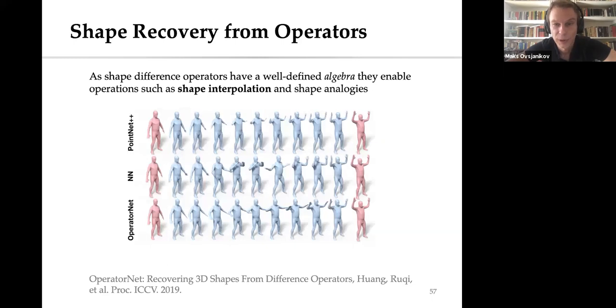Now, one problem with this idea that I found, and I think it's a little bit hidden in some sense, is that once you can train this, certainly, but then the structure of the latent space is not completely clear. For example, if you train PointNet++ and do interpolation in the latent space, the kinds of results you can often observe is something like this, where you have a lot of intermediate distortion, right?